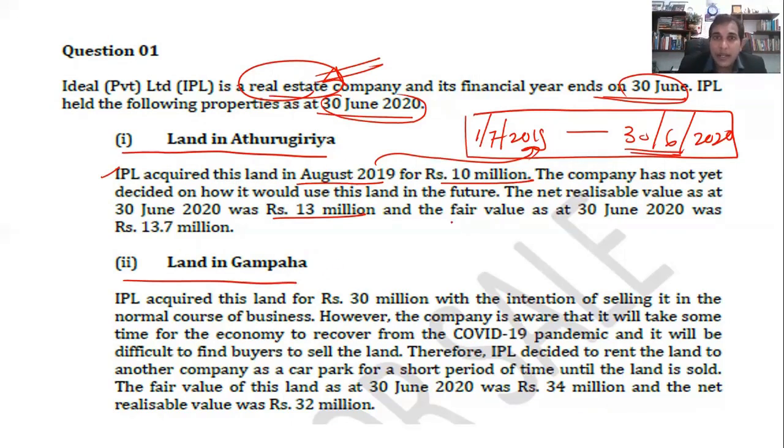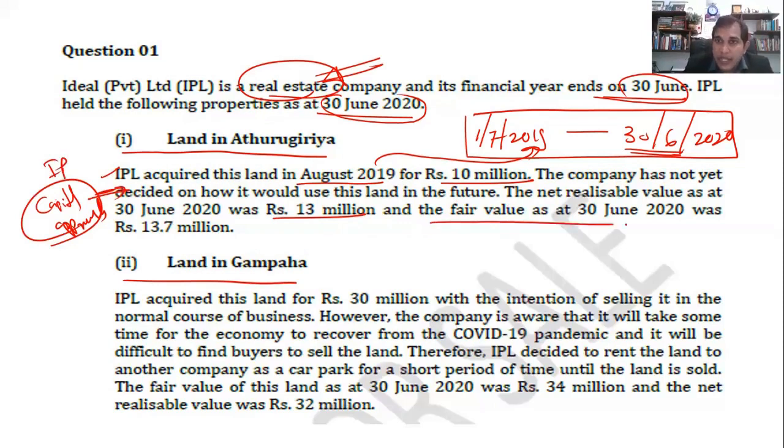The company has not yet decided how it could be used in the future. That means capital appreciation. By looking at this, you should understand this is for capital appreciation. So this is one of the investment properties, not inventory.